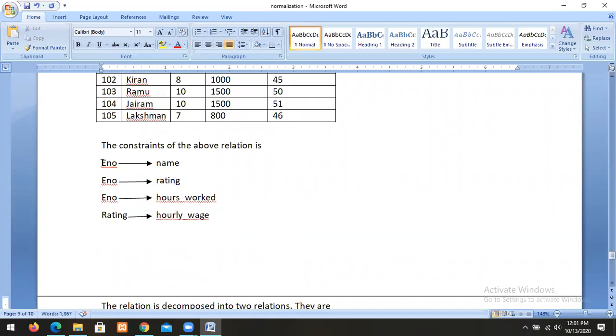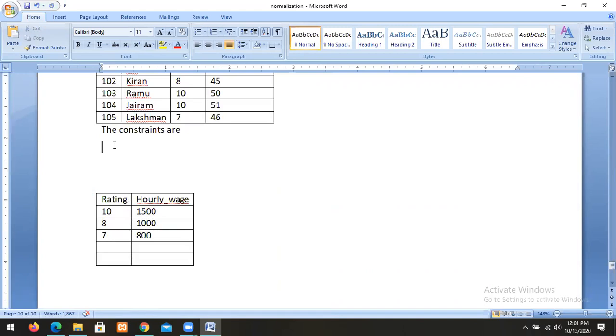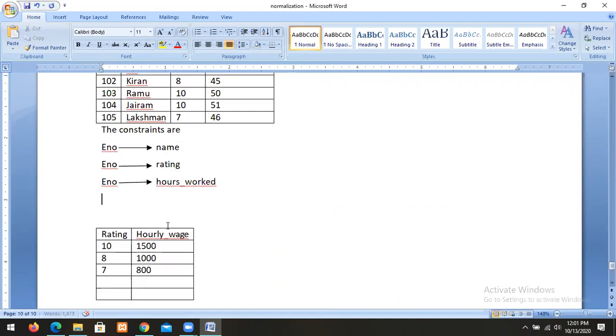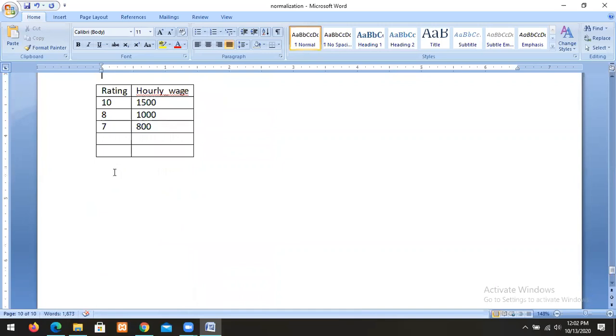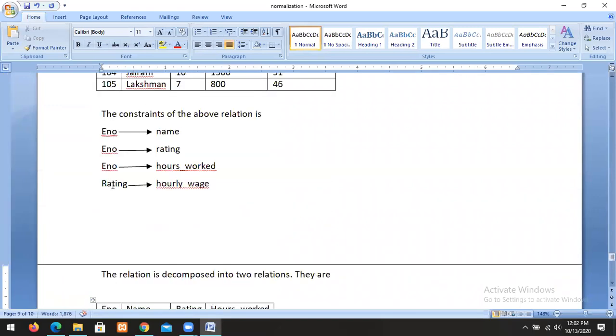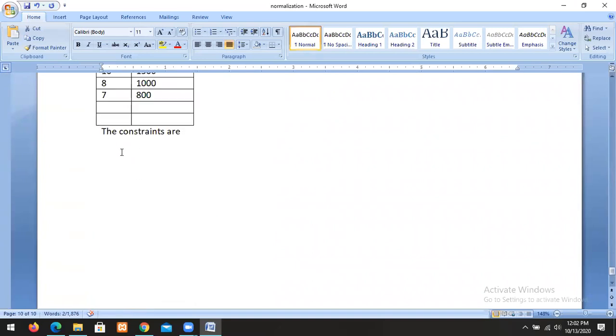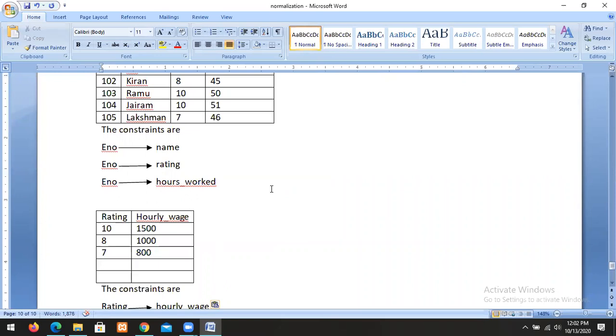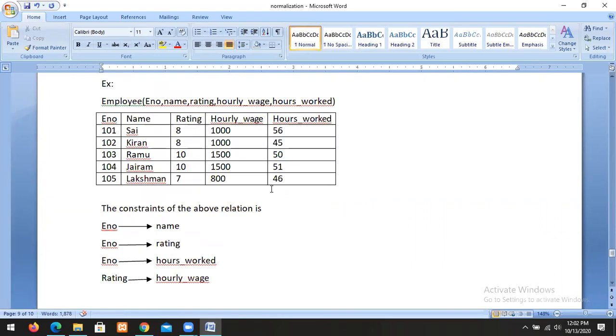These are the constraints of the first relation, and this is another constraint. So this we call dependency preservation.